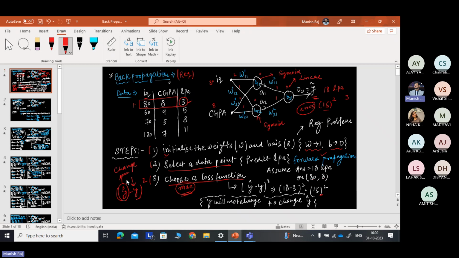Okay. So when you are changing the y bar, look here and tell me, this y bar depends on which values? It is dependent on this value, yes or no? Tell me. Okay, on this value, this is dependent.